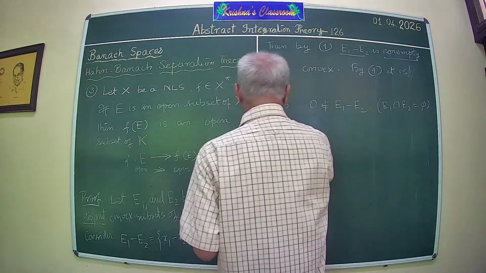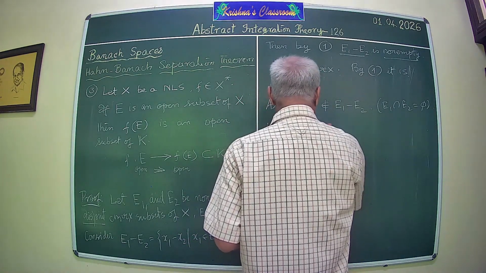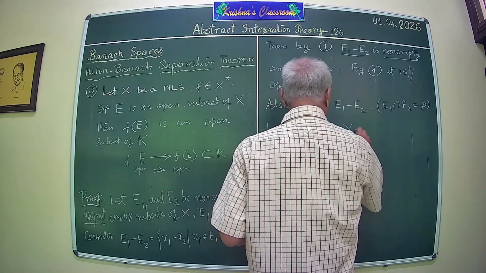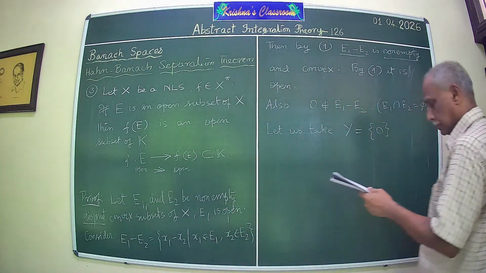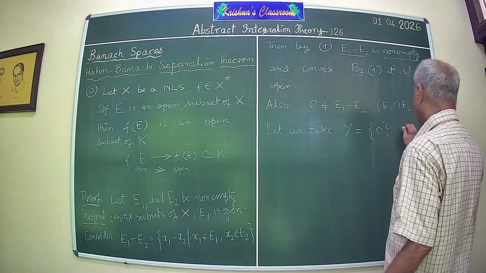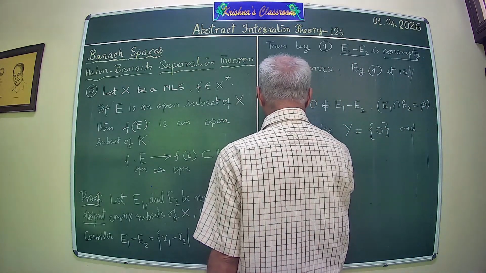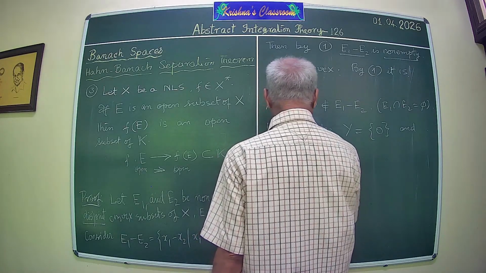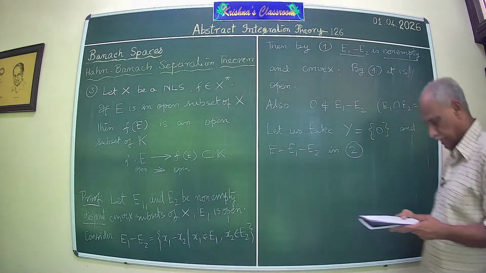So let us take Y to be the zero subspace and E to be equal to E1 minus E2. Make that choice.